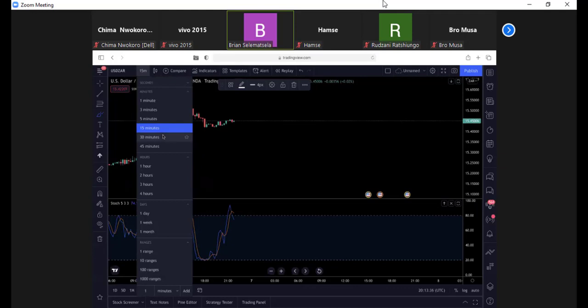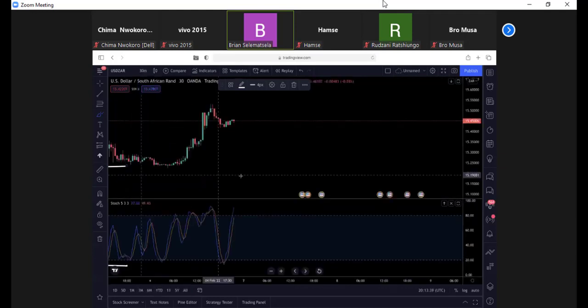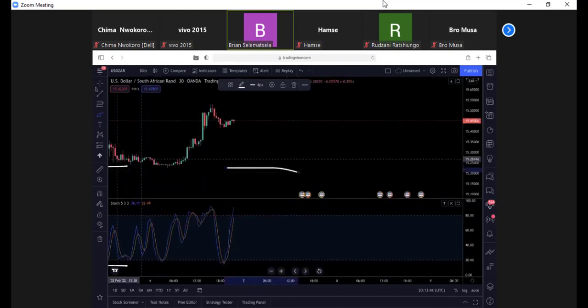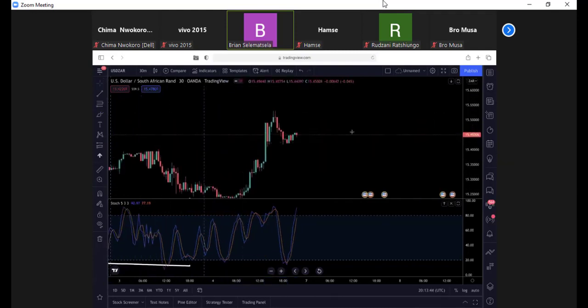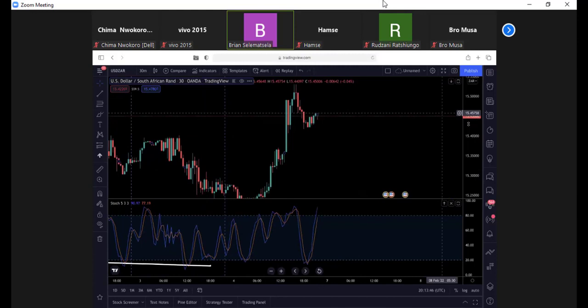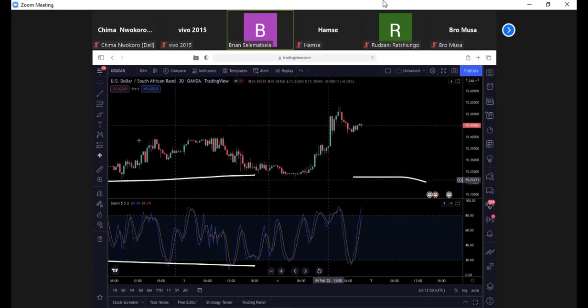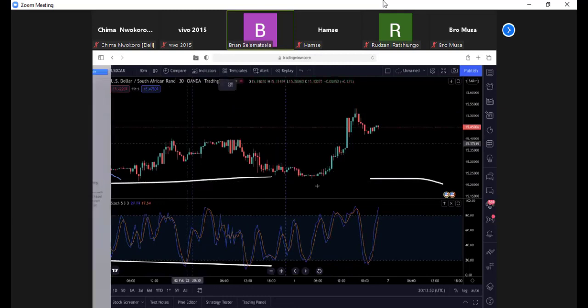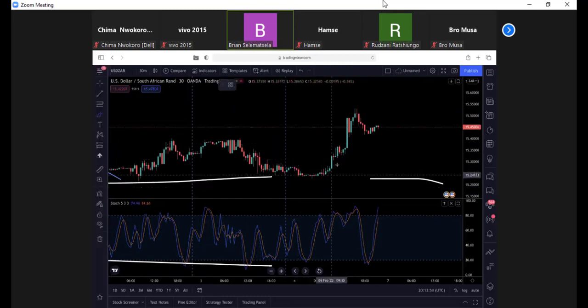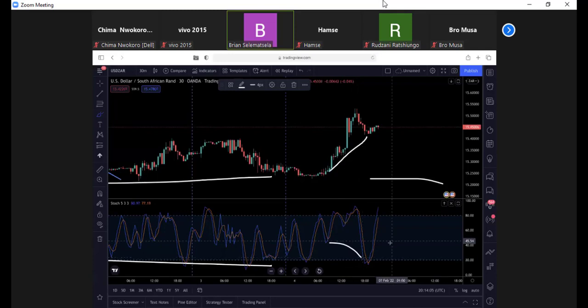Why am I saying that? Because I'm looking at, you guys can see it, a clear divergence, and we're still on a buy. So when the market opens, we still expect this thing to go into more profit. As you guys can see, from this point to that point, let me check 1 hour.